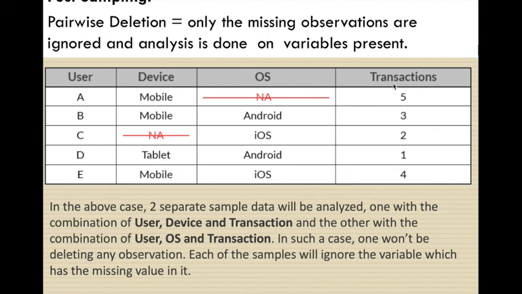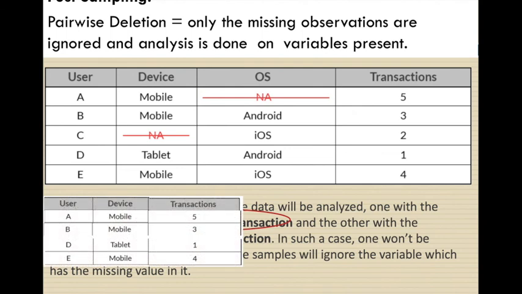Okay. So let's take a look. So this is the first one, user, device, transaction. Okay. So this one is ignored. And so is this one. So these two are ignored.